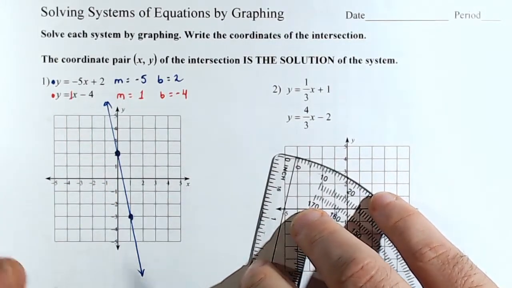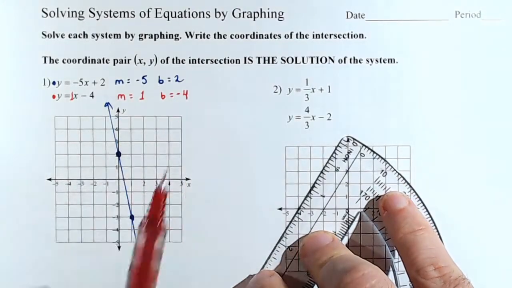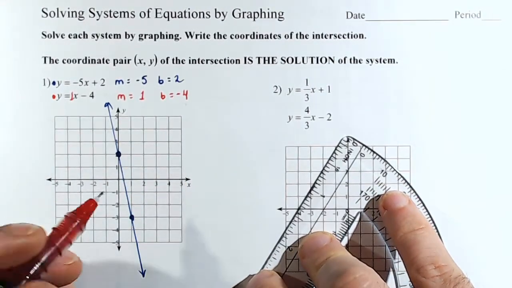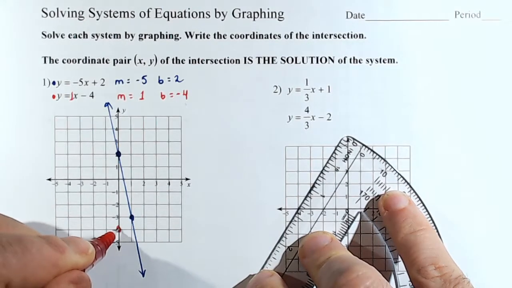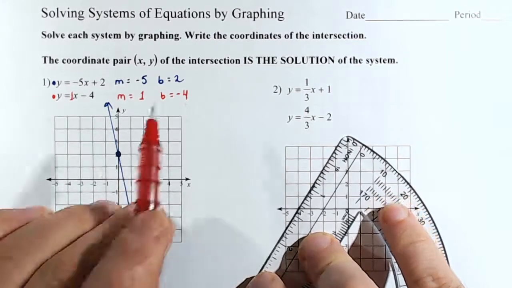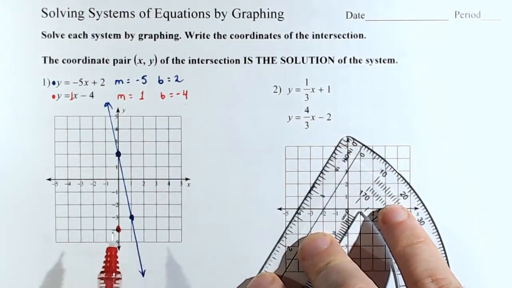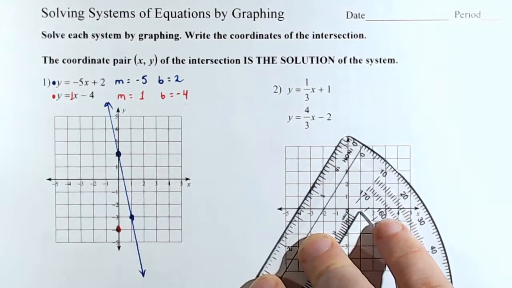Here's the second equation in red. My y-intercept is -4. So I go to -4 on the y-axis, and then I have a slope of 1. I go up 1 over 1, right? Look where my pen is. See that? It's right on that blue line.